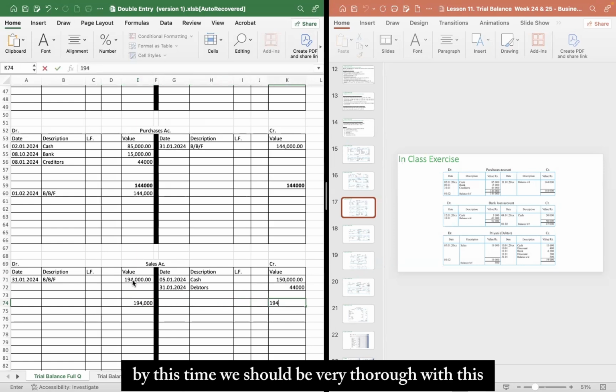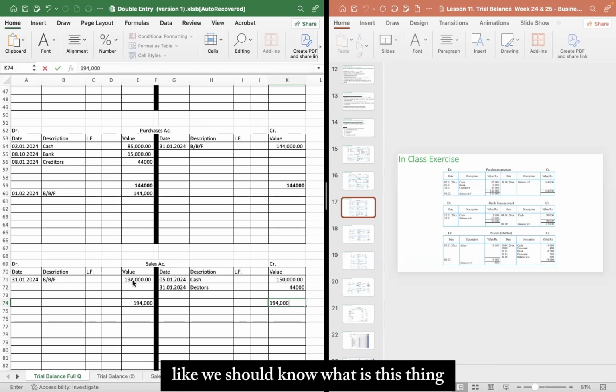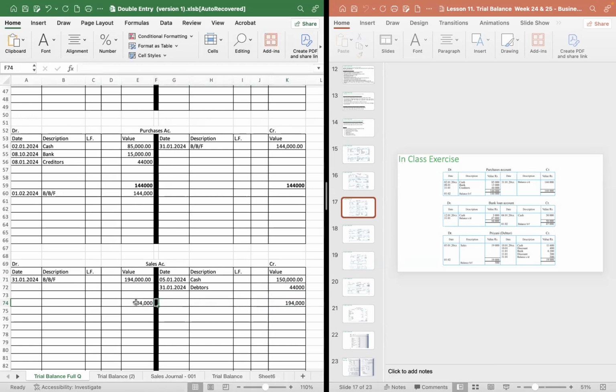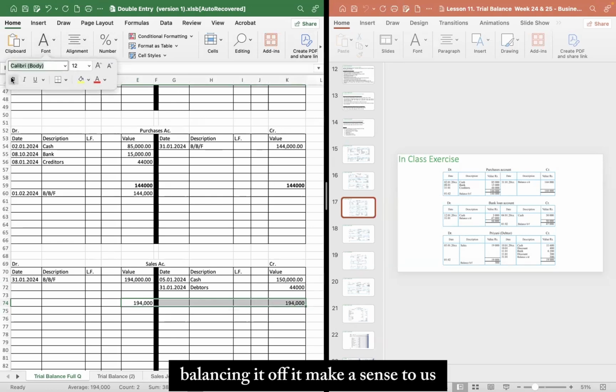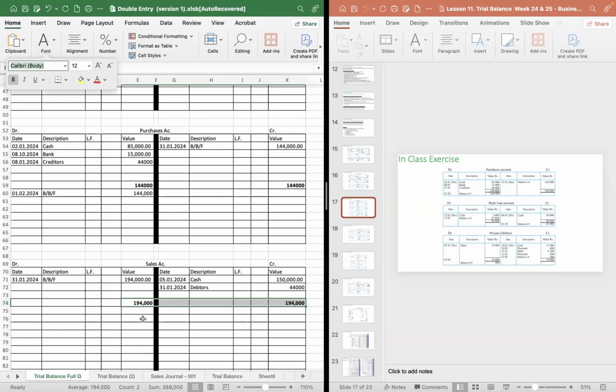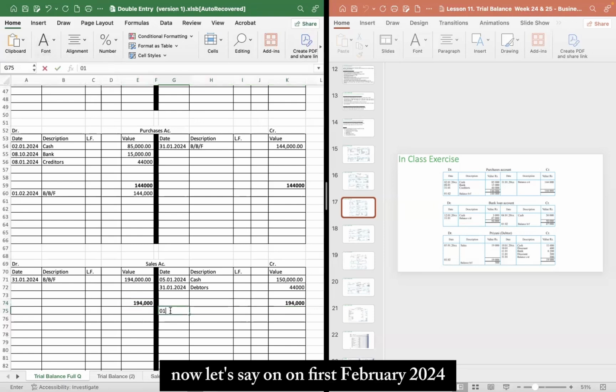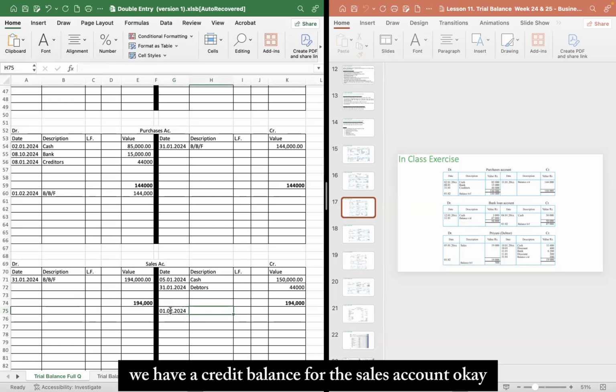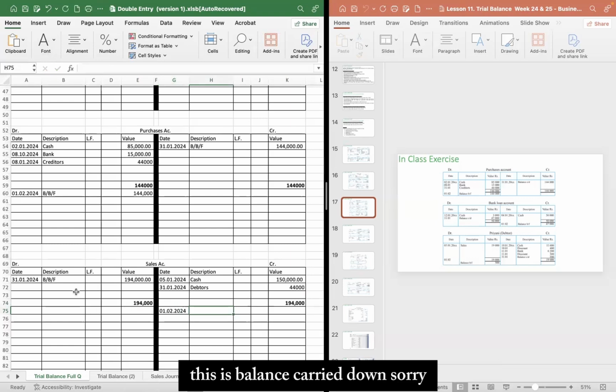By this time, we should be very thorough with this. We should know what this thing is, and once we balance it off, it makes sense to us. Now, let's say on 1st February 2024, we have a credit balance for the sales account. This is the balance carried down.